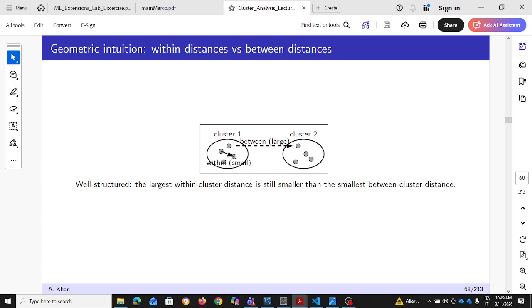The distance from here to here is smaller than this. The distance from here to here is smaller than this. So this is the maximum one inside a single cluster. This maximum distance should be less than the distance from here to any other point across another cluster. So this D max should be less than this D minimum.